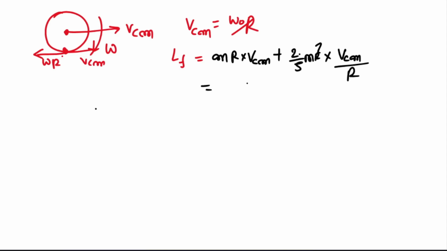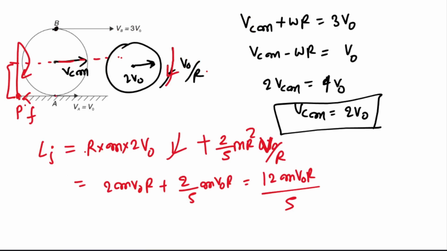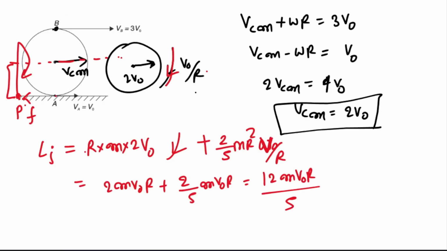So this is mr VCM plus 2/5 mr VCM, which becomes 7/5 mr VCM, and this has to be equal to the initial angular momentum, which is 12/5 m v naught r. So 12/5 m v naught r equals 7/5 m r VCM. Cancel mr, and what will you get? Did we write the direction of the initial angular momentum correctly, in this direction, right?